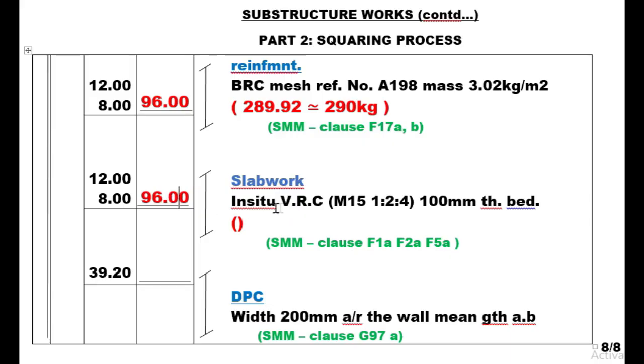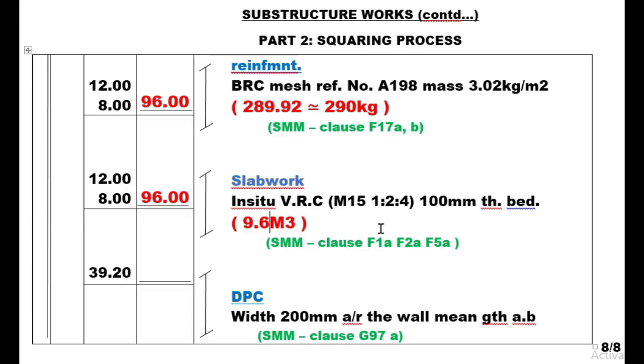If I'm interested further to know the volume of that in situ, I turn this into meters, which is 0.1, and I multiply that 0.1 meter by this, and I get 9.6 cubic meter. So this is the volume of the in situ concrete that I'm going to use when preparing my Bills of Quantities.